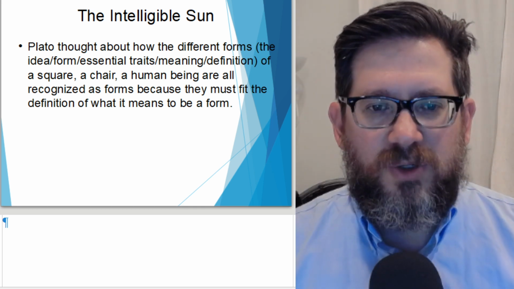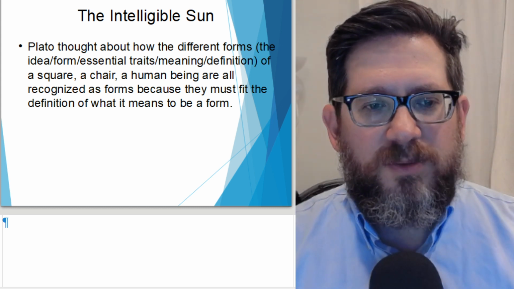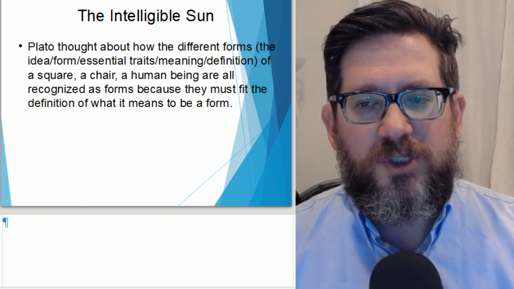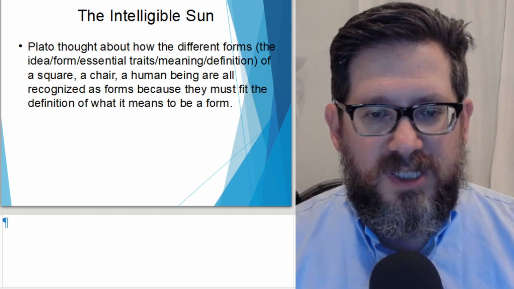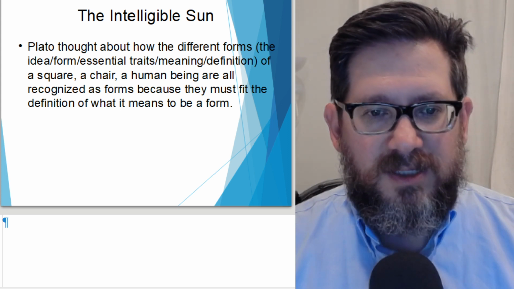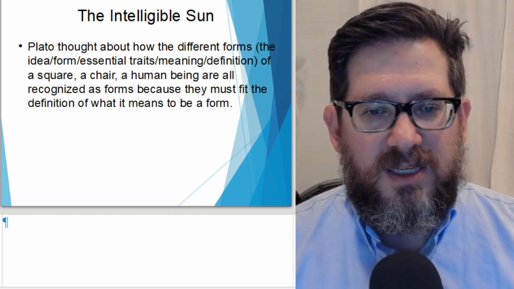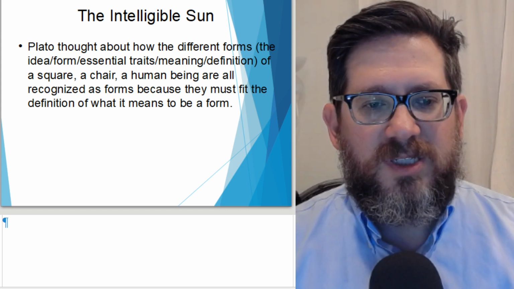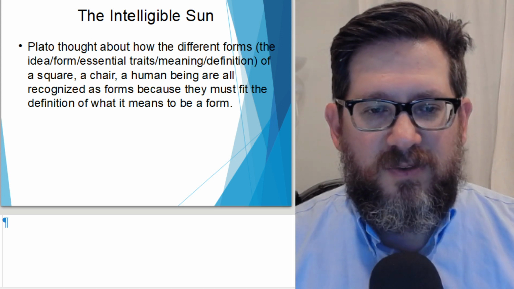These are all words that sort of get at what we're talking about. Right? So the different forms of a square or a chair or even a human being, right? What the definition of a human being is, are all recognized as forms because they must fit the definition of what it means to be a form.